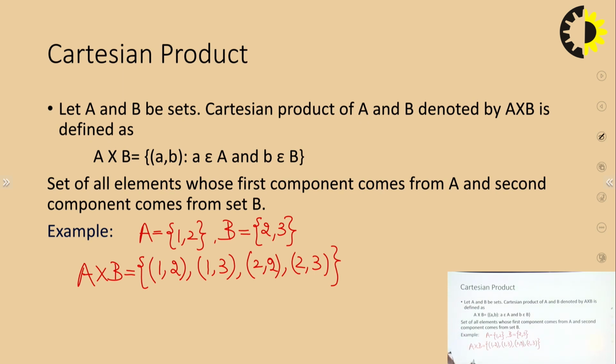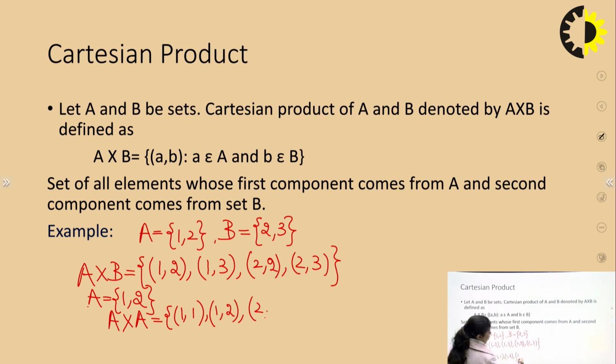And in the same way, if I have a set A and I want the mapping of A with A itself, we don't have another set B and I am doing the mapping from A to A, then the Cartesian product in this case will be written as A cross A, and which will be (1, 1), (1, 2), then (2, 1) and (2, 2).